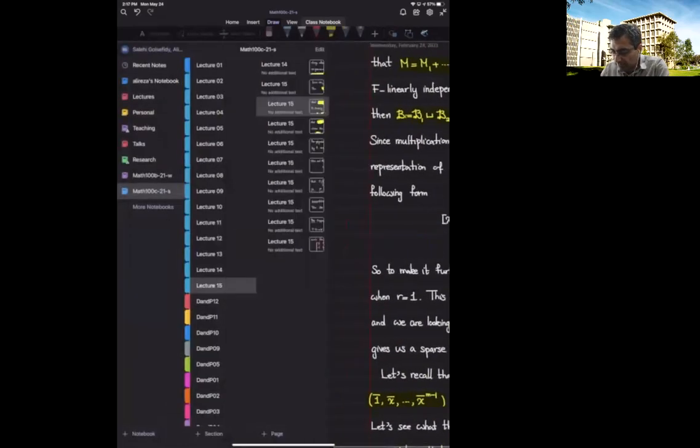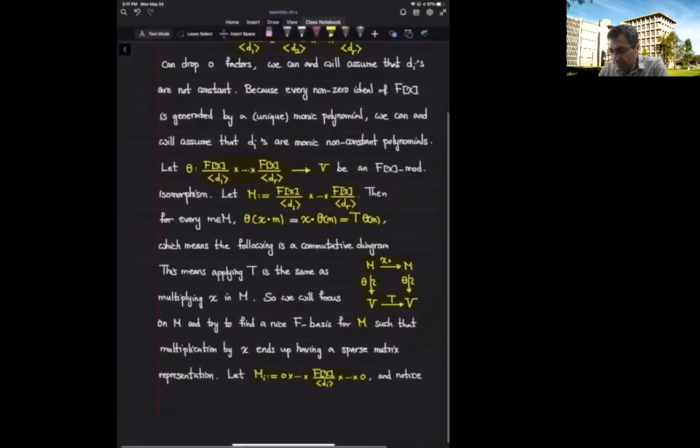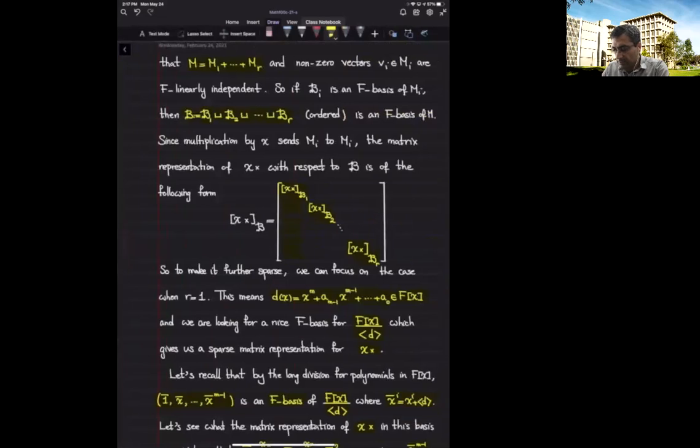Then we said this vector space can be identified with this M. Via this identification, the linear transformation T can be identified with multiplication by X. Then we used these submodules and said the matrix form of multiplication by X is this block form of matrix forms of multiplication by X for these smaller rings that are of the form F[x] mod out by some monic non-constant polynomial.